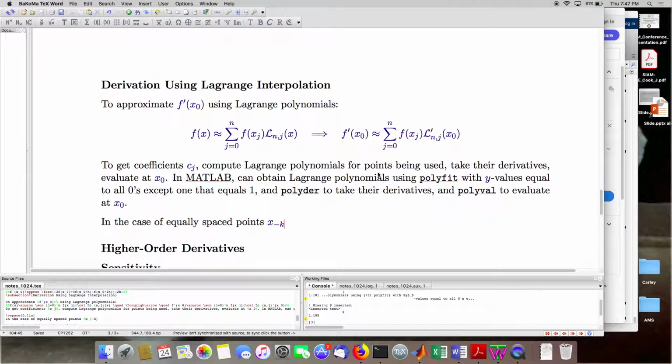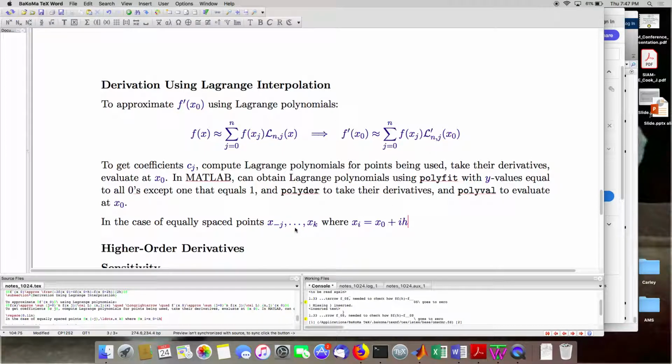So x minus j, xk, where xi is equal to x naught plus ih.